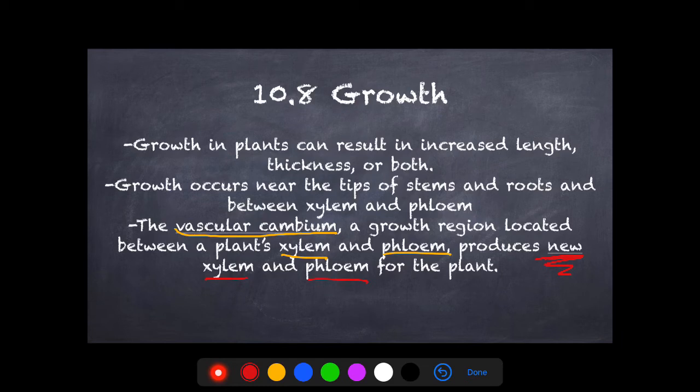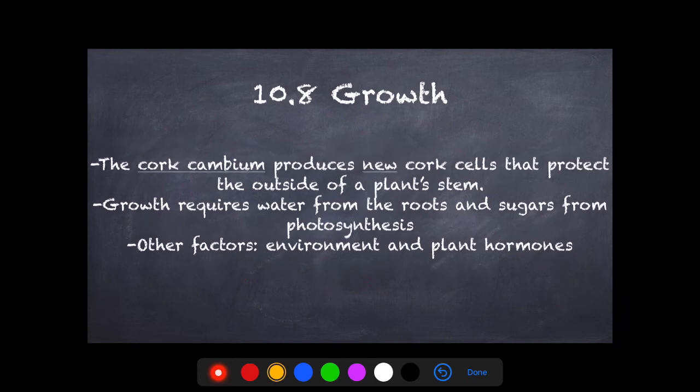Okay, so this is when you have new cells that are constantly being made so that you can have the plant actually showing growth. And it can be visible growth with enough time that passes, even though you may not notice it all of a sudden. But please make sure that you understand this vocab word, vascular cambium, and that it relates to xylem and phloem, and that's where the growth is occurring.